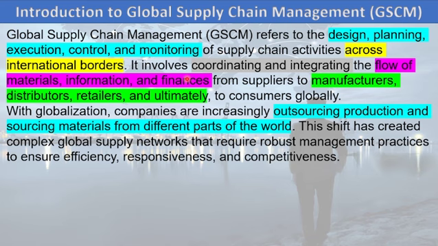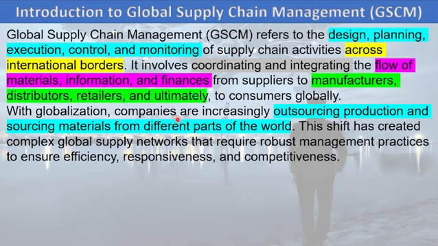So in that sense, the finance is also transferred from one country to another, globally. From suppliers to manufacturers, distributors, retailers, and ultimately, at the end, the end users, which are consumers, to consumers globally.